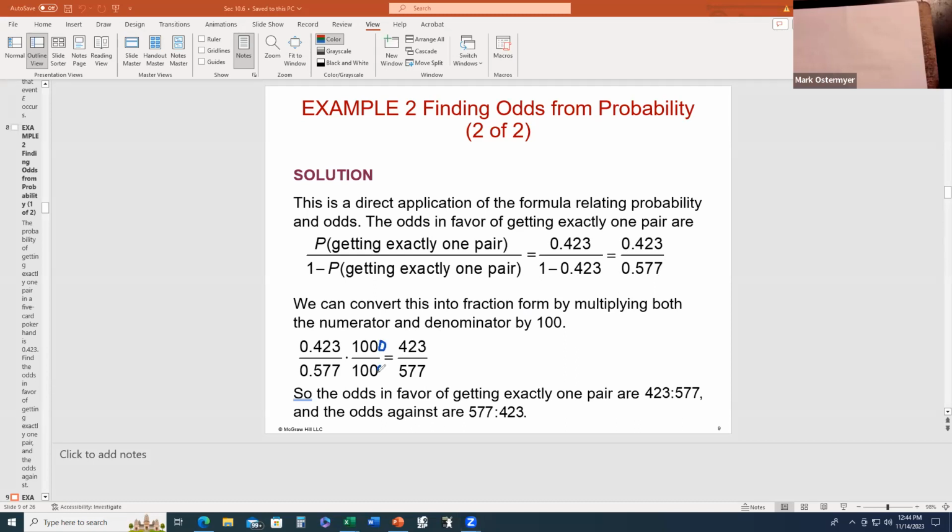If you multiply the numerator and denominator of this ratio by 1,000, you get the odds of having a pair occur in a 5-card poker hand to be 423 to 577. So the odds in favor of getting exactly one pair are 423 to 577, and the odds of not getting exactly one pair in a 5-card poker hand would be 577 to 423 odds. Okay.